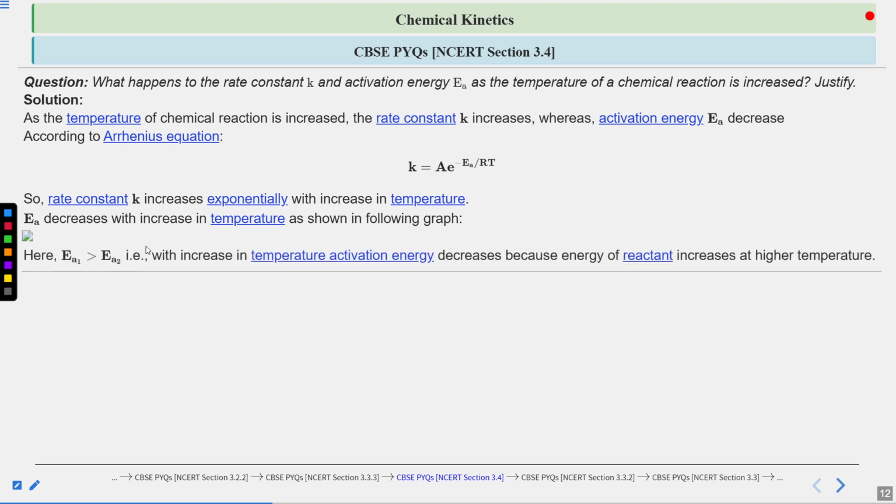Here, Ea1 and Ea2 represent the different activation energies for different reactions, where the temperature is lower and where it is higher. With an increase in temperature, the activation energy decreases because the energy of the reactant increases at higher temperature.